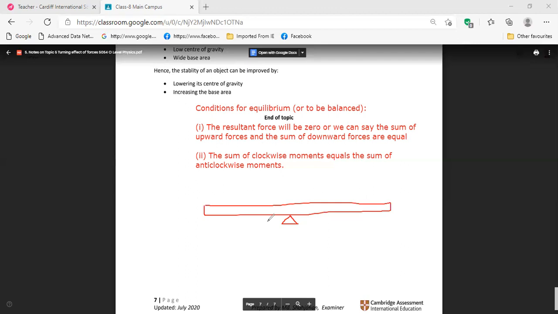So to make this seesaw balanced, they shouldn't be at the same distance, right? One should be closer to the pivot and one should be away from the pivot. So you tell me who will be away from the pivot? Taki. Yes, exactly. So you got it, mashallah.